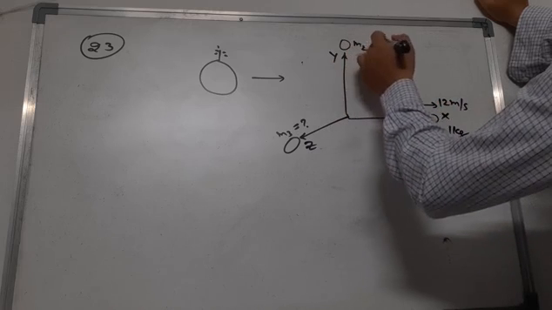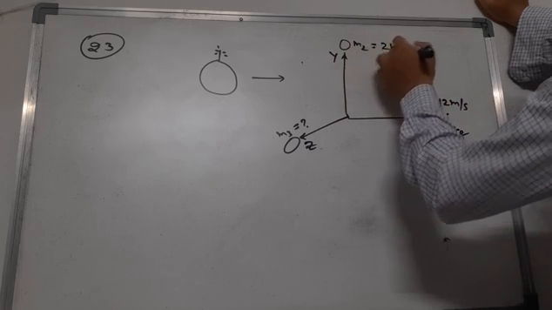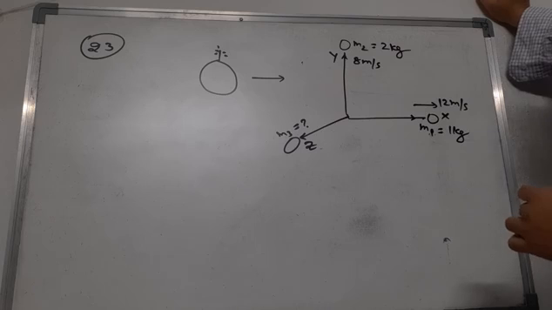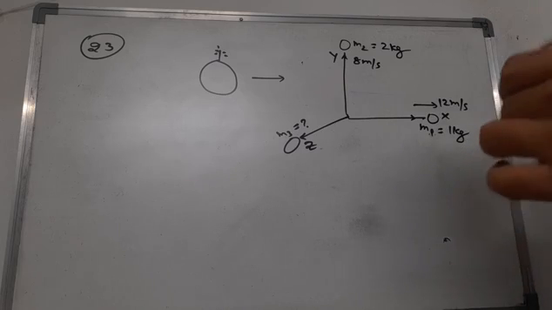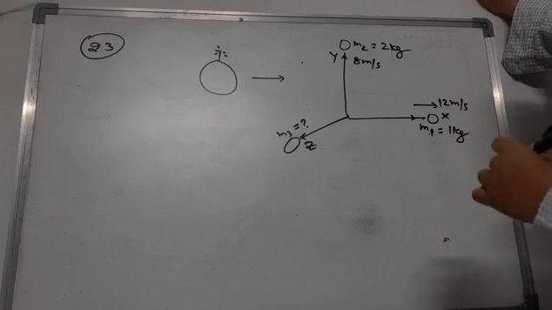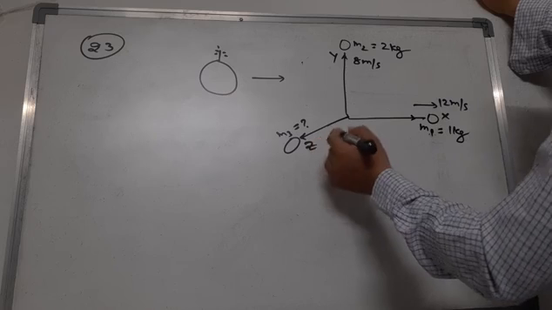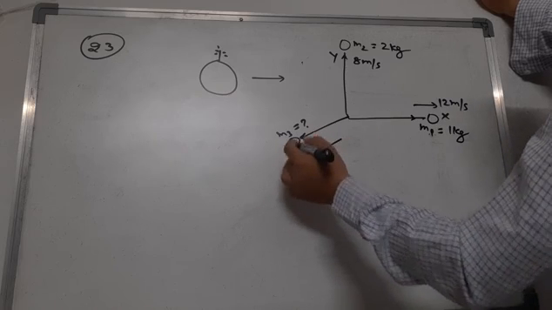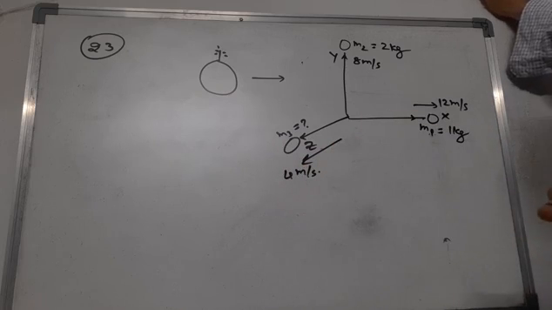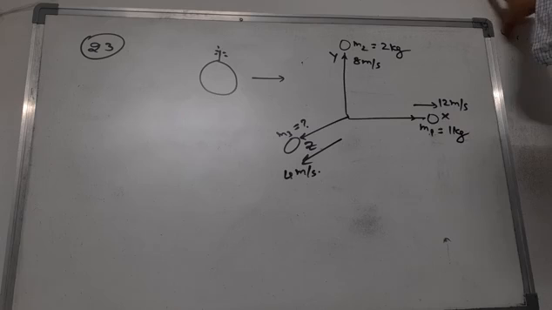And this is y-axis, the m2 is 2 kg, and it is going with a speed 8 meter per second. Now what he is asking is this z is towards z axis, m3 is going with a speed 4 meter per second. So this is the thing he has given.